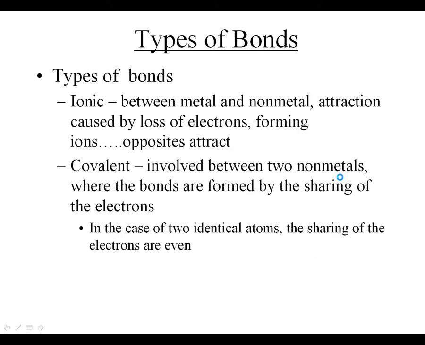Those shared electrons could be equal, which would give you a nonpolar covalent bond. They could be unequal, which will give you a polar covalent bond, but there's some aspect of sharing. And depending on the types of bonds involved, it will have an effect on how things interact with each other, whether they're able to do hydrogen bonding, dipole-dipole interaction, or whether they're not able to do either of those and do something like dispersion forces.